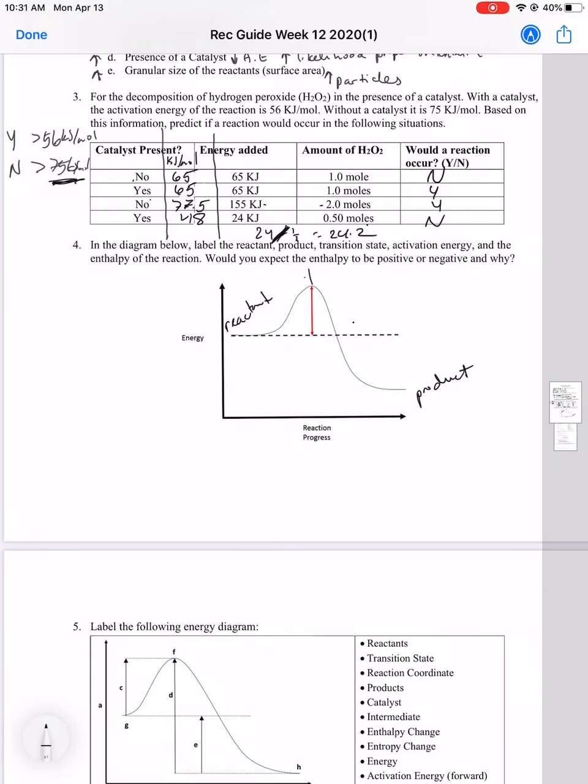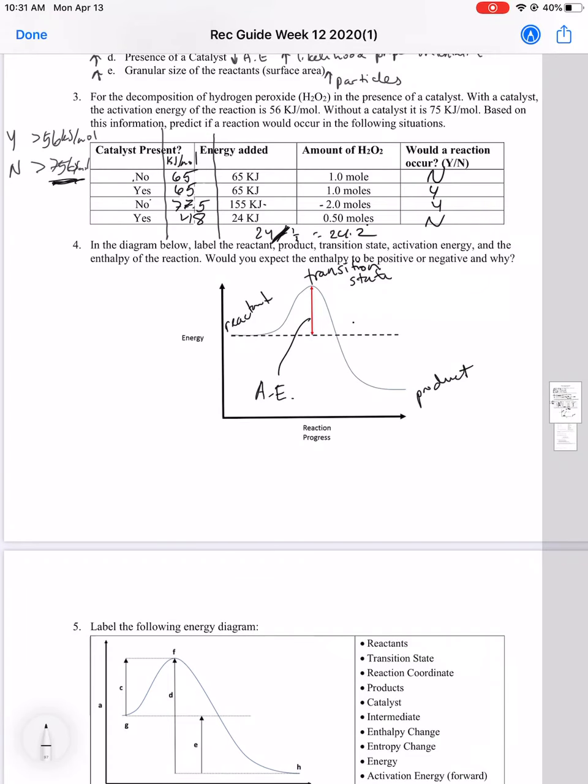The transition state is this high energy intermediate. It's kind of unstable. Remember, it has a really high energy, so that makes it kind of unstable. It's kind of at the tip of this peak, and going either direction is going to decrease the amount of energy and make it more stable. And then the activation energy is the amount of energy it takes to get up to that transition state.